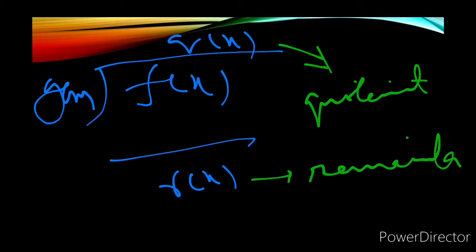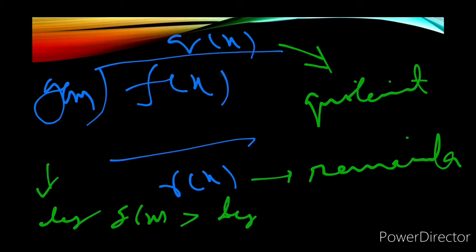So remember, here the degree of g of x is greater than the degree of r of x, or the degree of r of x is less than the degree of g of x. Now come to the step.